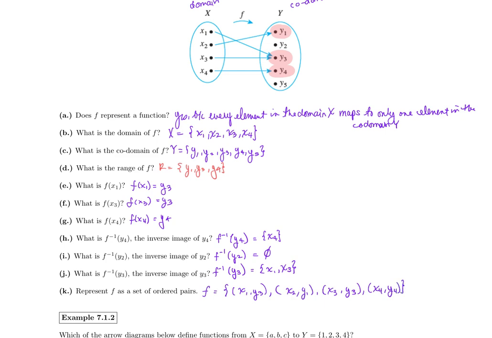And that is our set of ordered pairs for what our function f represents. This is all taken from our arrow diagram. So with that in mind, let's look at a couple of other arrow diagrams and try to decide if they represent functions.